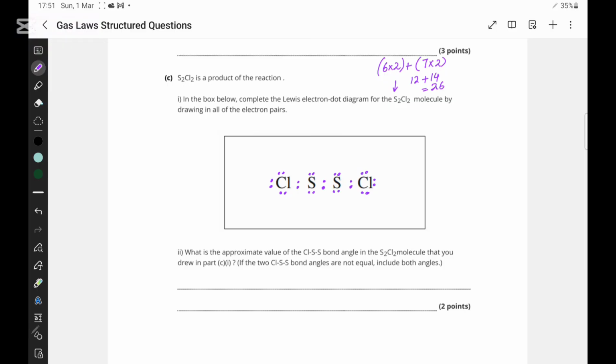Now for the Lewis diagram, we need to remove them. Instead we need to draw a straight line like this. So they are saying we have to find the angle at this point. If we want to find the angle, first of all it is sp3 hybridization. How do I know?